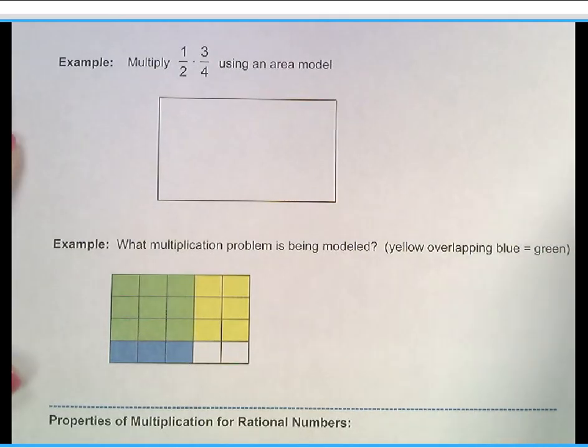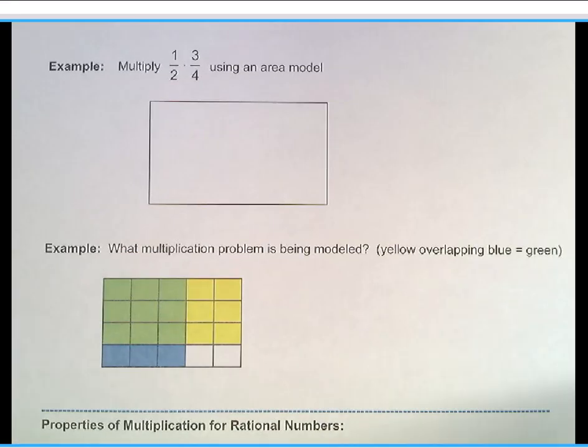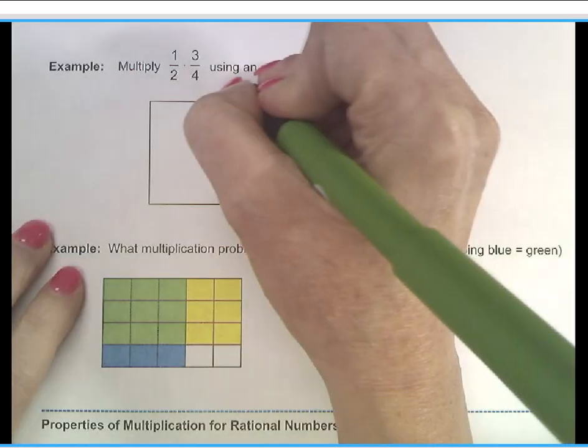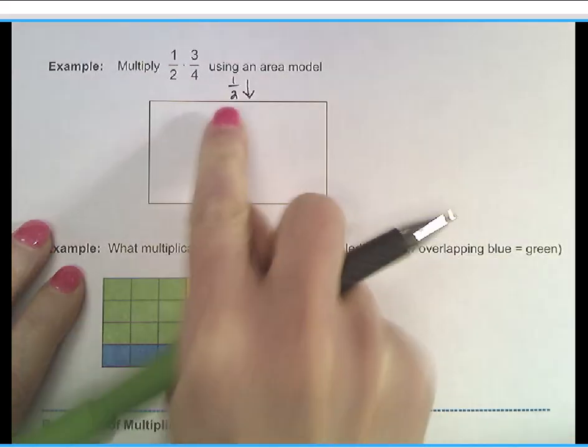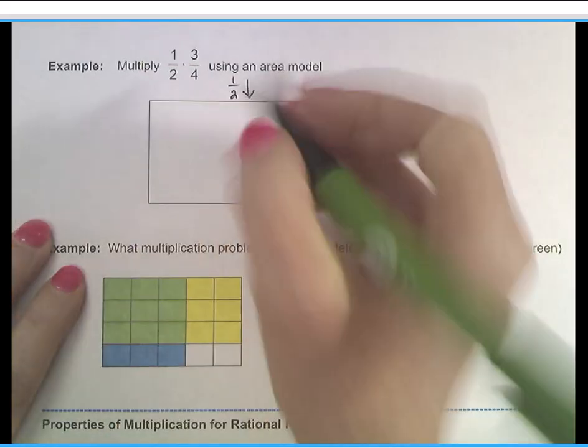So we're going to multiply 1/2 times 3/4 using an area model, and you can see we're starting with a completely blank slate here. All right, so I'm going to start with my 1/2, and I'm going to do 1/2 going down this direction. So all I have to do is split this in half, 2 columns.